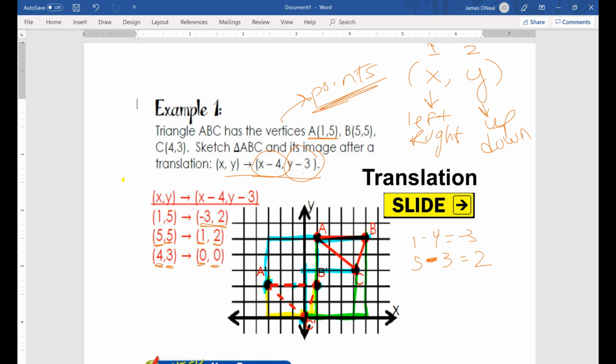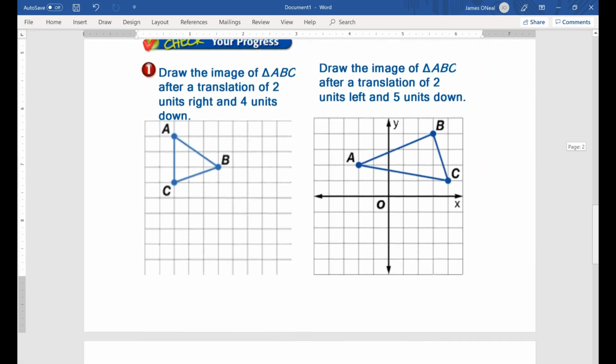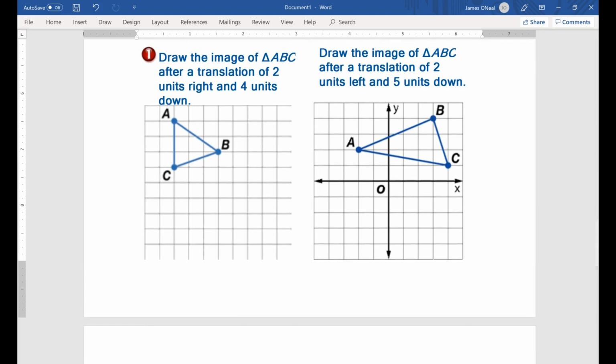All right, so let's look at the next problem. I'm going to scroll down. It says draw the image of triangle ABC, which has already been drawn for us, after a translation 2 units to the right and 4 units down.